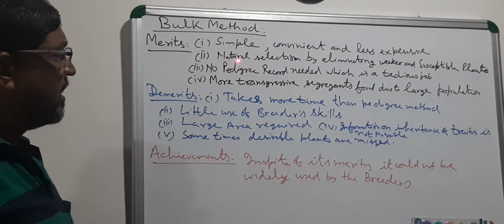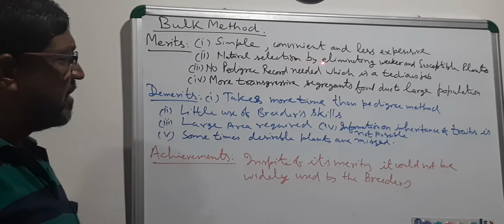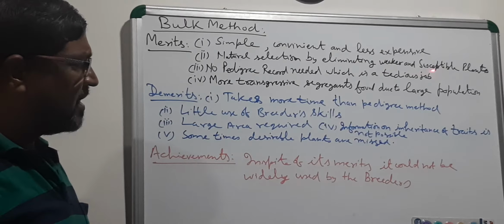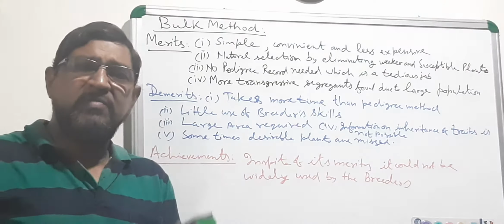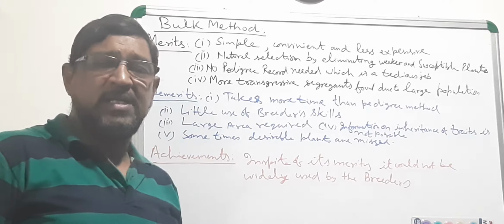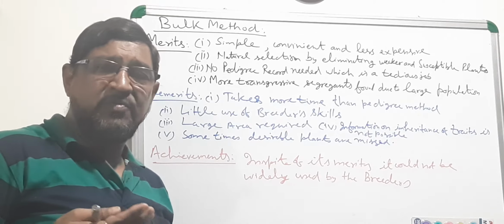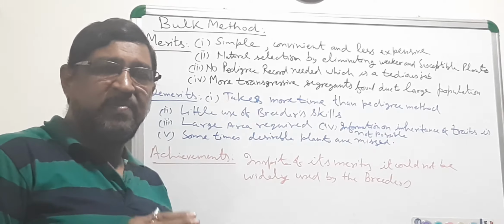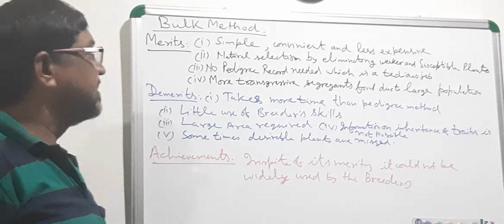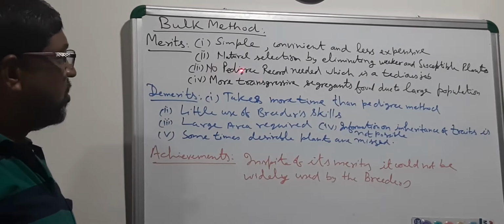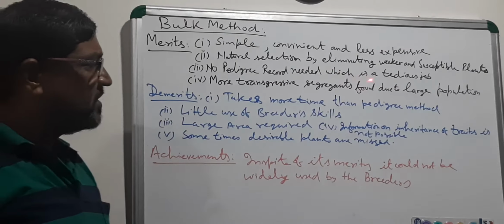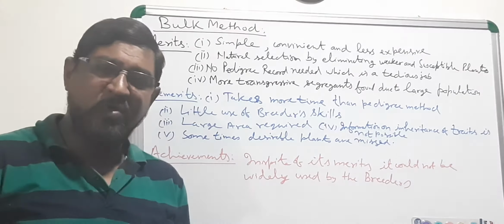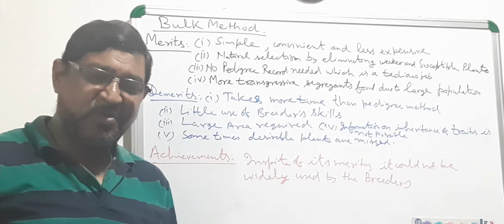Similarly, natural selection by eliminating weaker and susceptible plants. You are giving opportunity for natural selection, and automatically the weaker plants or the susceptible plants are removed by nature itself. This is a merit. No pedigree record is needed, which is a tedious job you have already observed in the pedigree method.